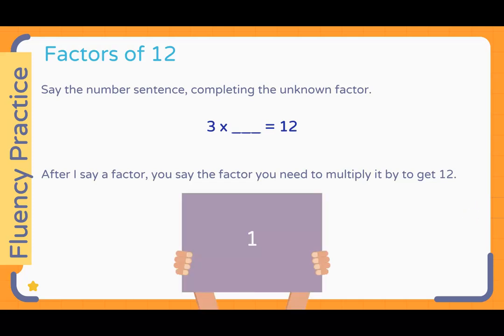So the first example, 1, 12. 12 times 1 equals 12. 6 times what equals 12? 6 times 2. 4 times what equals 12? 4 times 3. 12 times what equals 12? 12 times 1 equals 12. 3 times what equals 12? 3 times 4 equals 12. Good job.